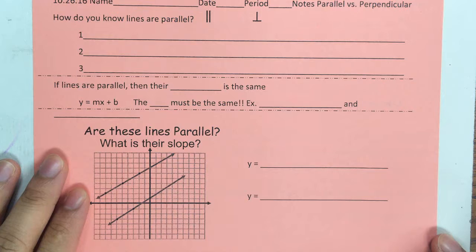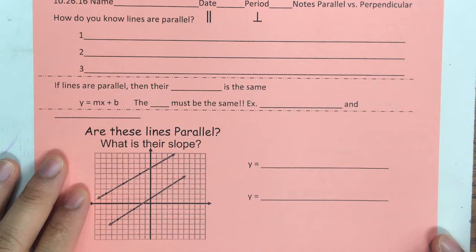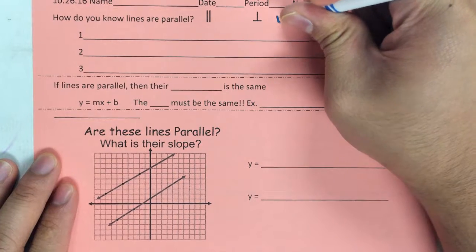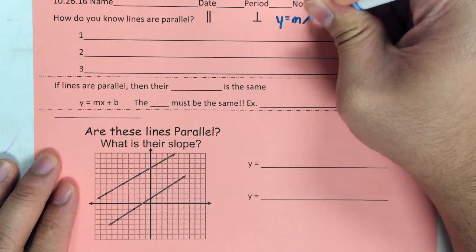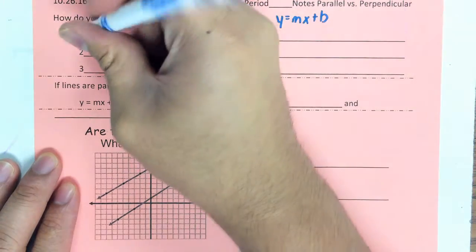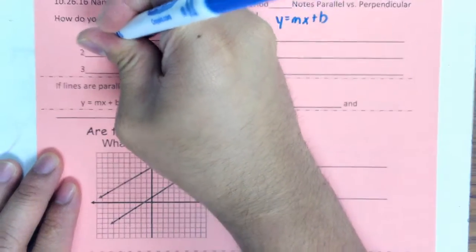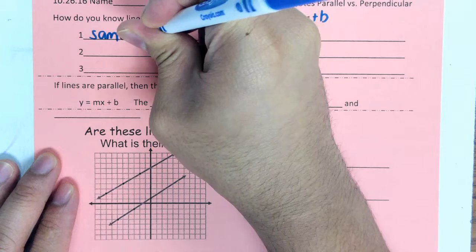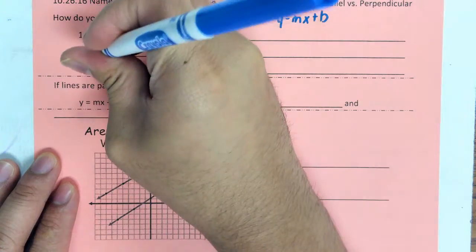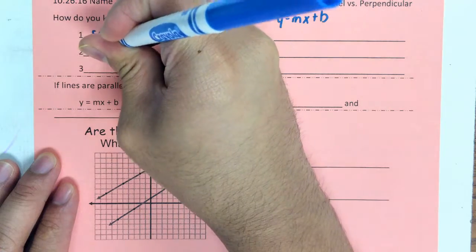How can we tell if lines are parallel based on the equation? If we're looking at the equation of the line, y equals mx plus b, it needs to have one, the same slope, and two, a different y-intercept.